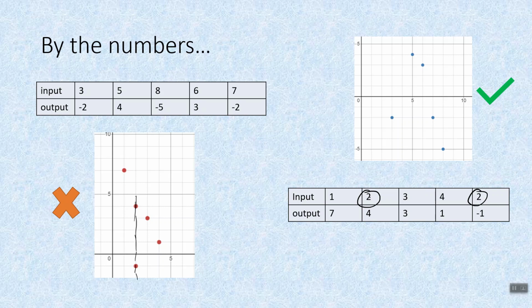All right, so each x value can go only one place in the y values in order to be a function. So each x connects to one y value.